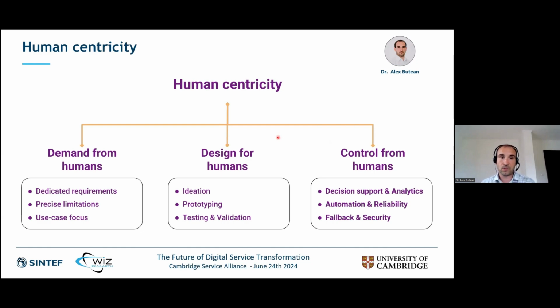And even if sometimes we sacrifice the environment for this, we forget that the environment is what sustains humans. Humans without environment, there's no such thing. That's why the ideation, the prototyping, the testing and validation always have to be kept in the loop with this metaphor in mind. We design for humans if we want human centricity.